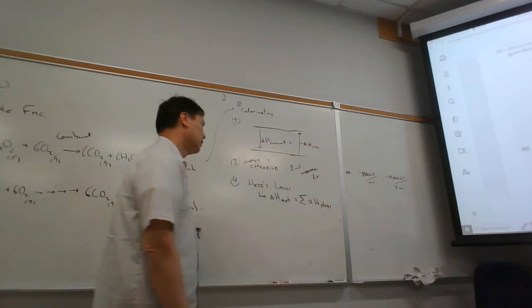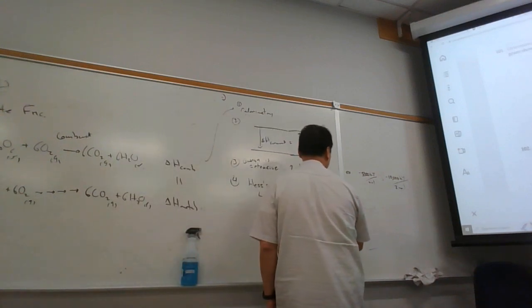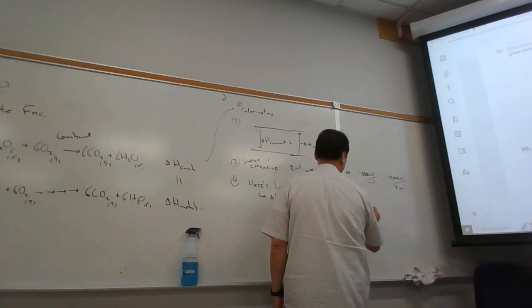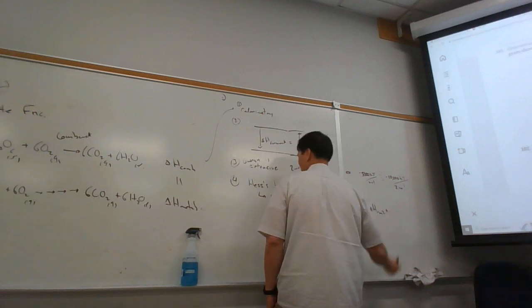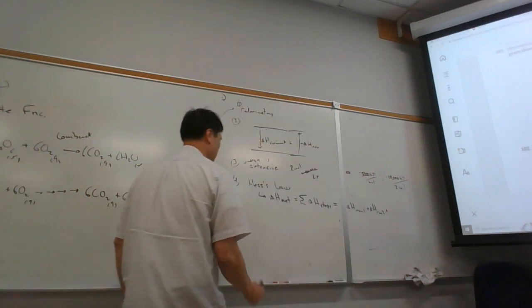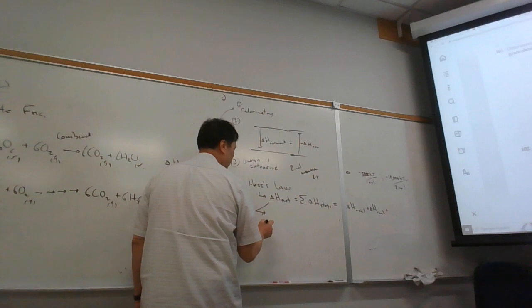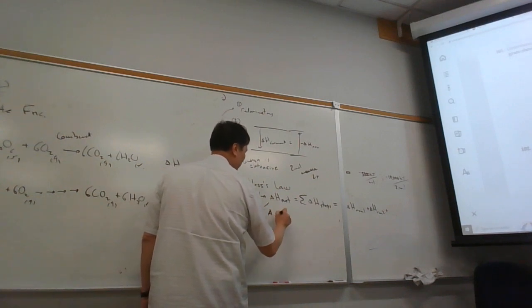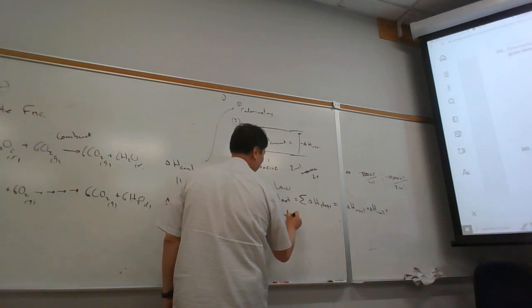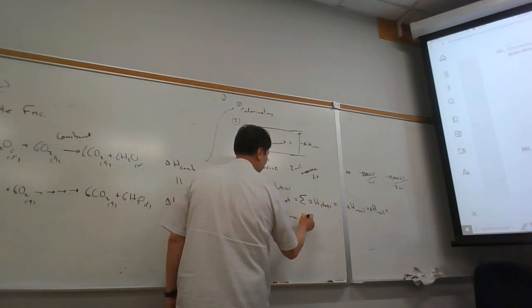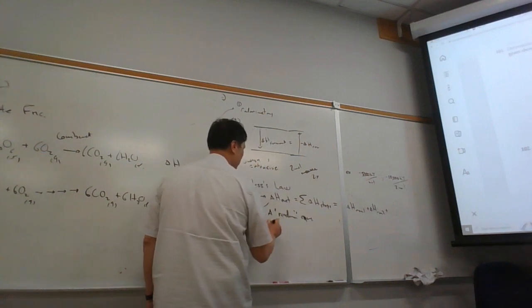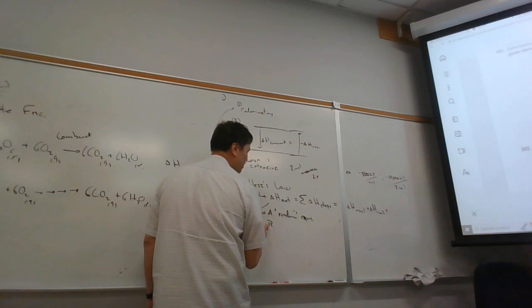So the steps are going to be, if I can sum up the reaction, so for example, this would be delta H of reaction 1 plus delta H of reaction 2 plus ... And so there are two methods for this. Method A is just some random equations, seemingly random equations, that you can use. Method B uses only one type of equation.